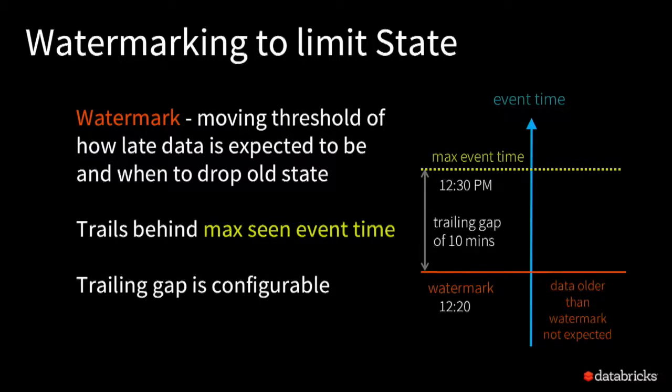For example, if the max event time seen by the system is 12:30, then I'm telling the system that data can be at max 10 minutes late. So the oldest data that may arrive from now on is 12:20, the threshold being 10 minutes.